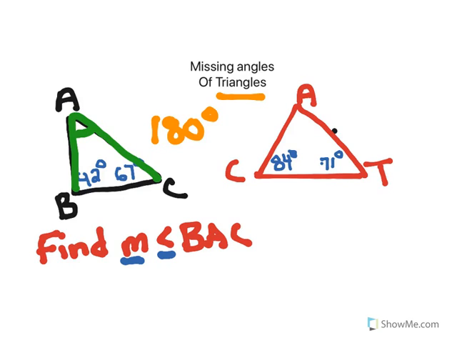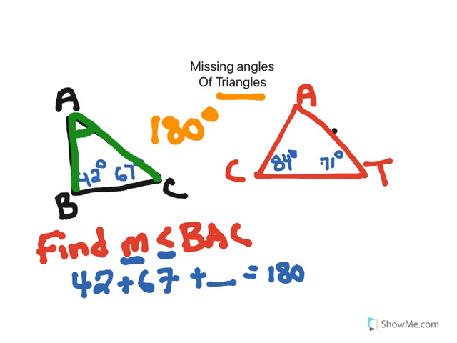So this wants us to find BAC. Well, we know that we have one angle that's 42, another angle that's 67, and we have to somehow get to 180. So you're probably going to be able to do this pretty much in your head, but you can imagine that this missing angle is x or any variable you want to put in there. 42 and 67 is 109.